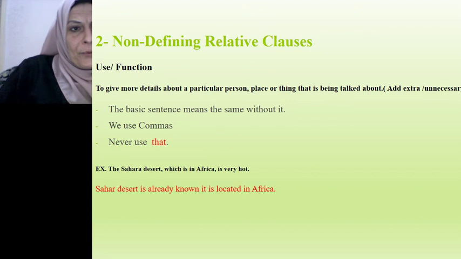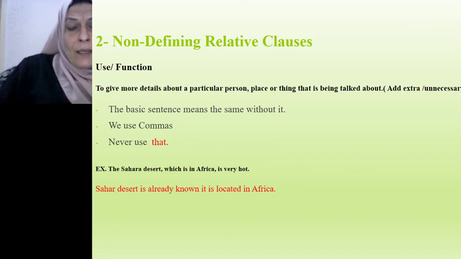Type number 2, non-defining relative clauses. We also use them to give more details about a particular person, place, or thing that is being talked about.